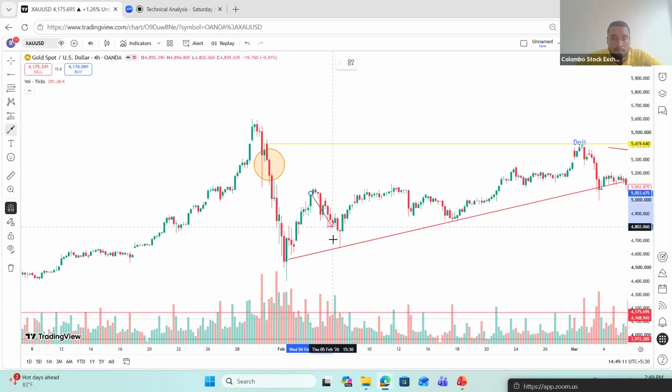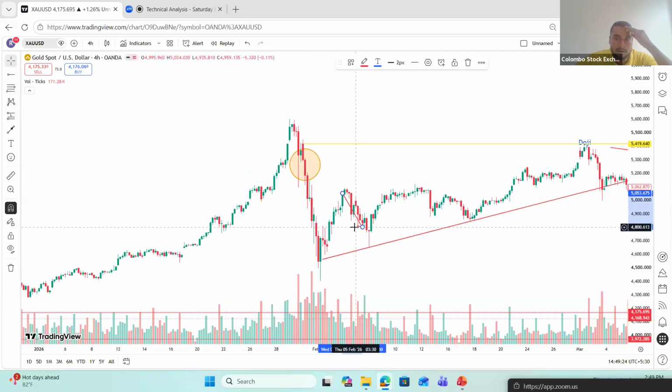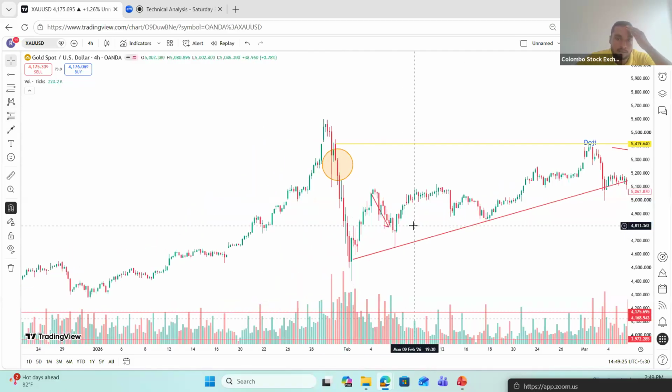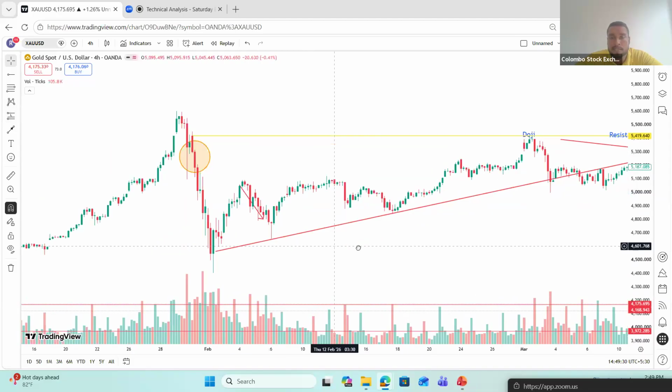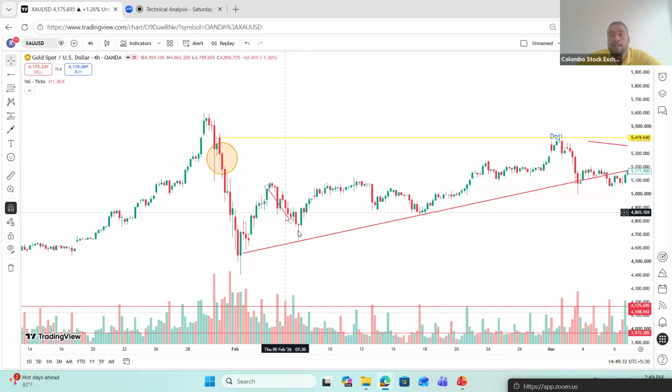You have to wait for the next candle formation, which is a bullish candle or a green candle, like this. That gives an entry point for a long or buy position. So a doji basically means a potential reversal, and that reversal direction depends on the next candle formation.